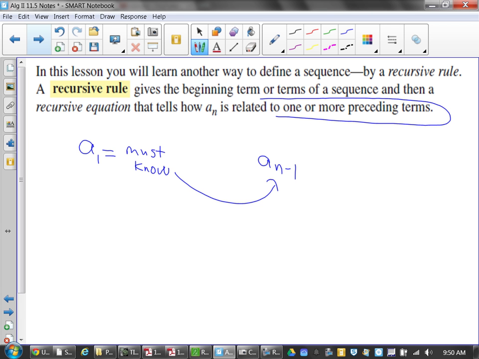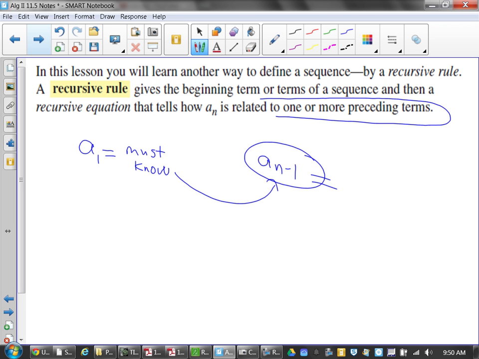You'll see in a second. You'll see how very simple this is in 1 second, okay? This will be the recursive rule right here. This is how it's going to look. It's going to equal something, all right? And it's going to be having to deal with this.